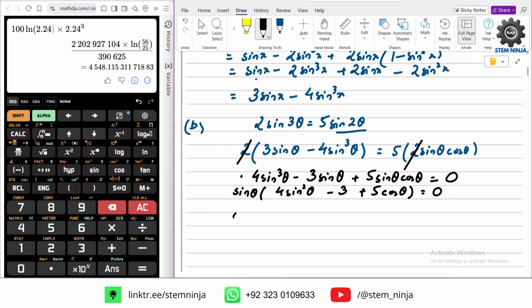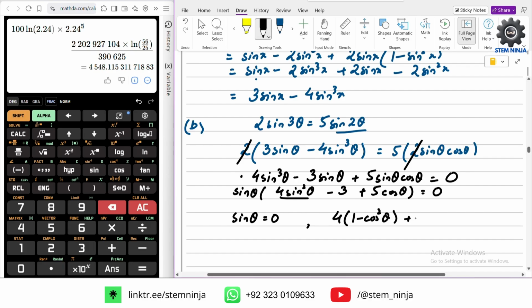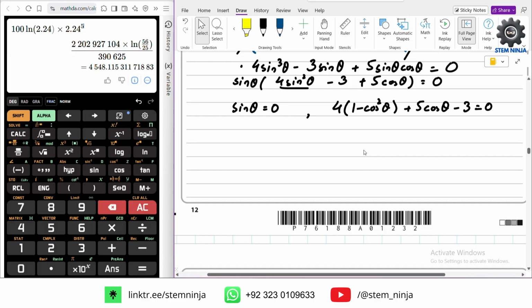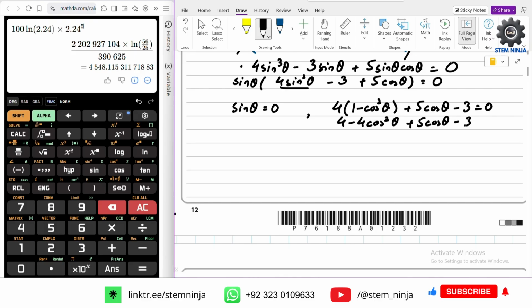Right, okay. So either sine theta is equal to 0, or this thing can become 4 times 1 minus cos squared theta plus 5 cos theta minus 3 equal to 0. Okay, let's continue. So this becomes 4 minus 4 cos squared theta plus 5 cos theta minus 3 equal to 0.